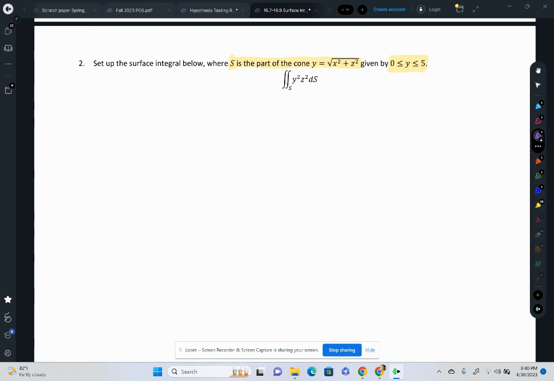Okay, so let's see. How are we going to do this? Well, we have an explicit function, so we should definitely take advantage of that. That's like the best part.